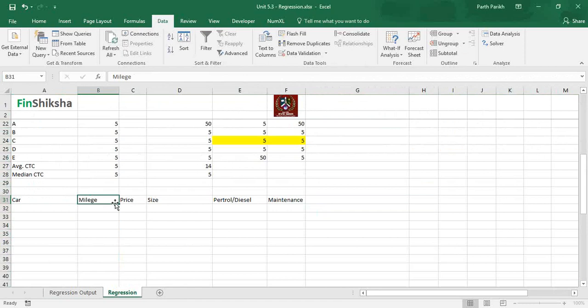Let's say you buy an Alto and you are very sure that it will give you 20 or 15 as mileage. But let's say you buy an Audi, and you want a mileage of 15. You can't modify your Audi so that it gives a mileage of 15. So your decision of buying a car is dependent on these variables. So your car is the dependent variable and your other values are called independent variables.